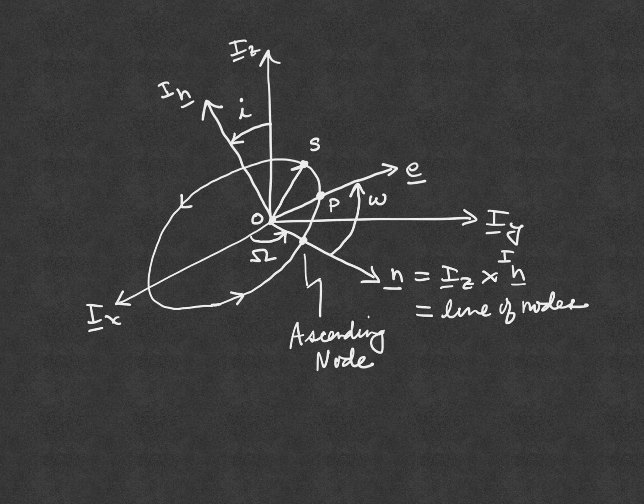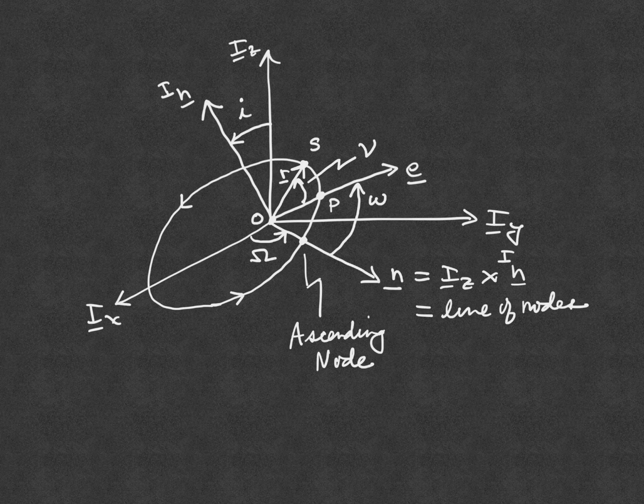And then this is the position, which makes this angle the true anomaly. So that angle is nu, which is the true anomaly. So this combination of angles, big omega, little i, and little omega, is what forms the Euler angle sequence.